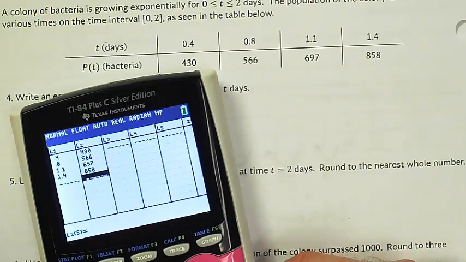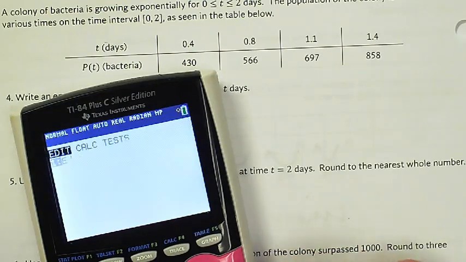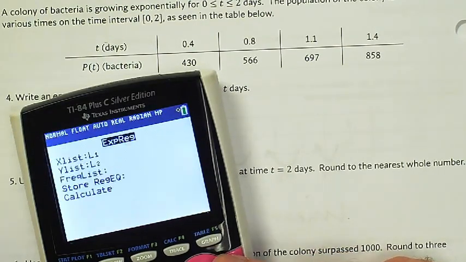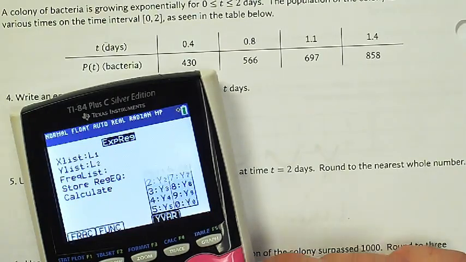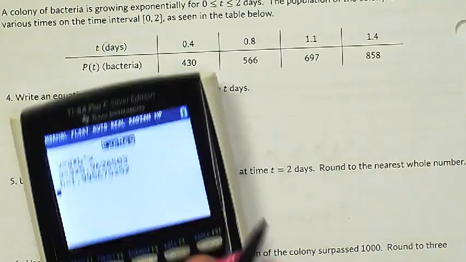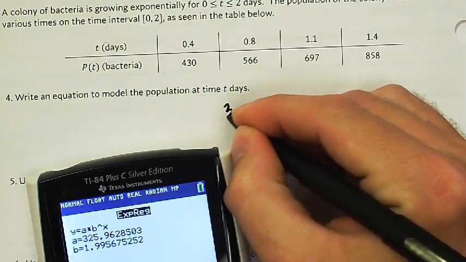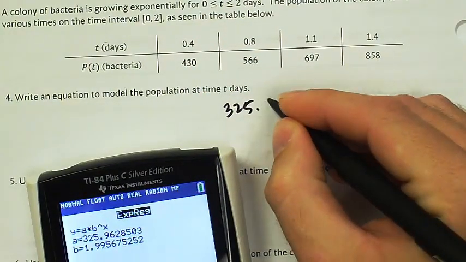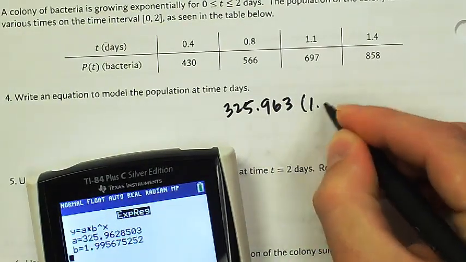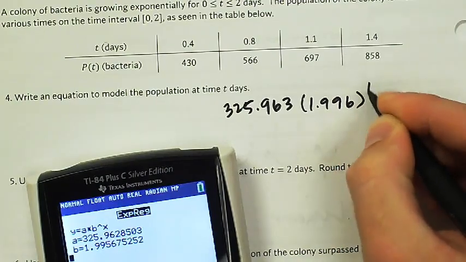Okay, I'm going to quit out there, go to the stat menu, calculate an exponential regression, store that regression equation into y1, calculate, and then we get 325.963 times 1.996 to the t.